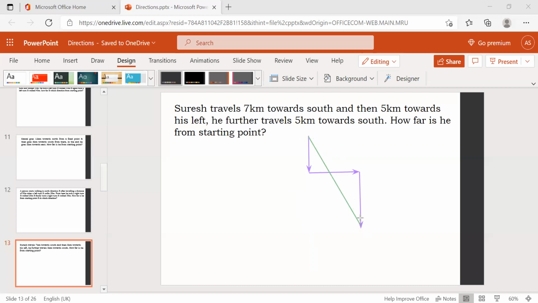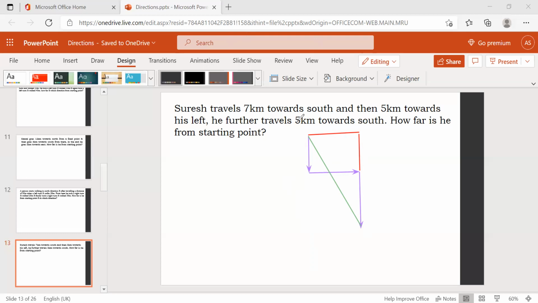If you want to find this out, you need to find this length and this length, right? Now check. Change the color first. From here to here and here to here. Now we can find this length by using these lengths.